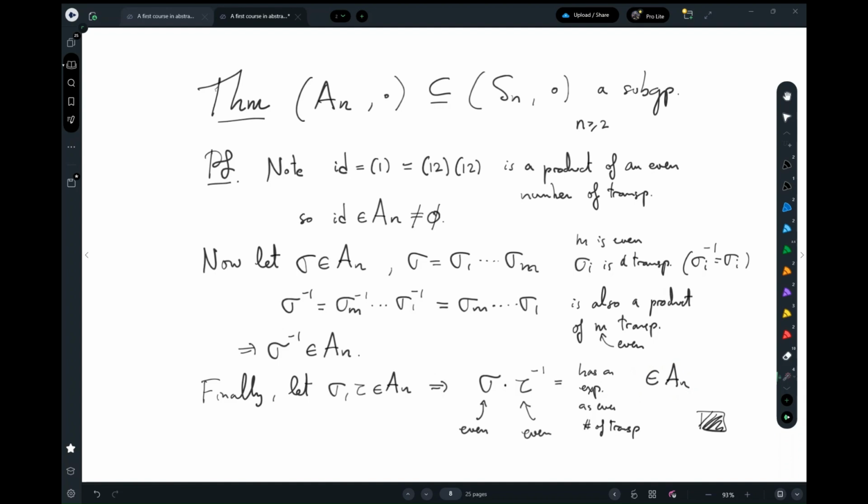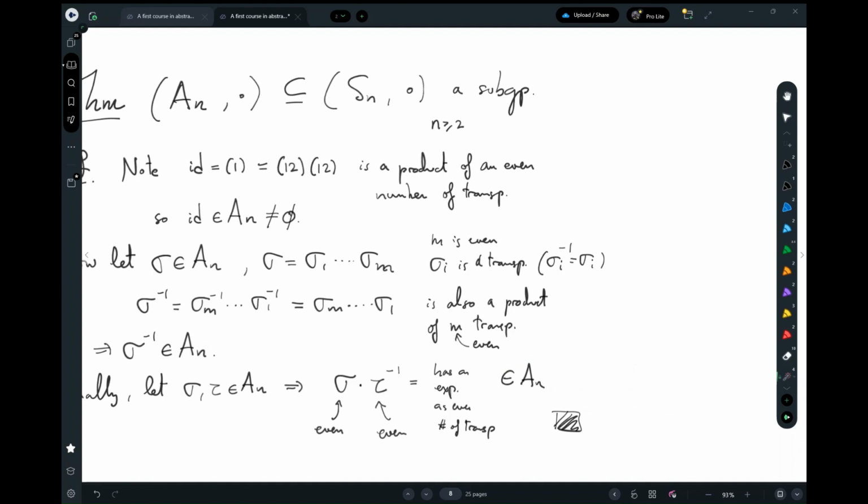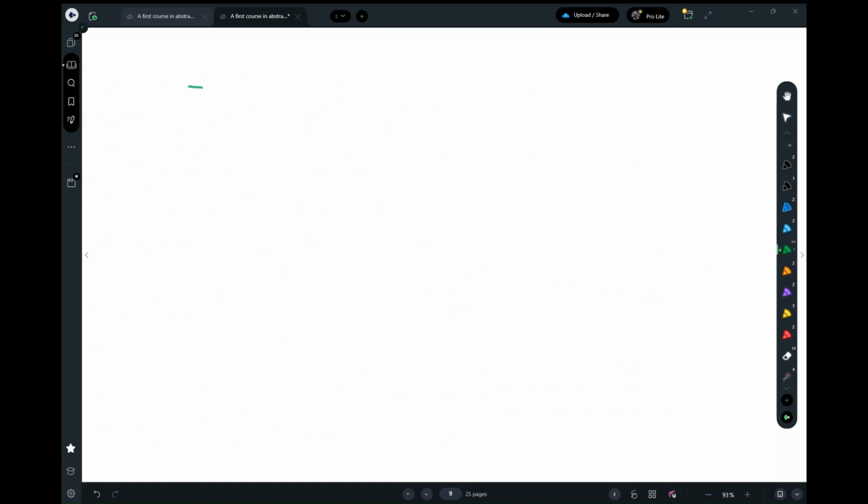Let's see one of these alternating groups. So for example, the easiest Sn. So let's take S3. Remember, S3 has the identity, and then it has (1 2), (2 3), and (1 3), and (1 2 3) and (1 3 2). Now, what is An? So how can I find A3?